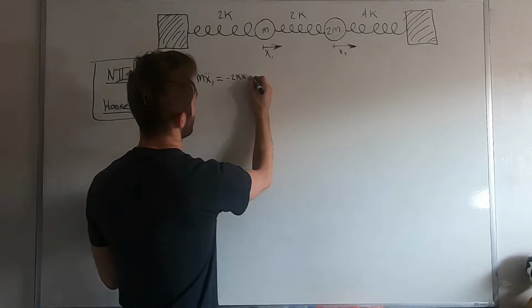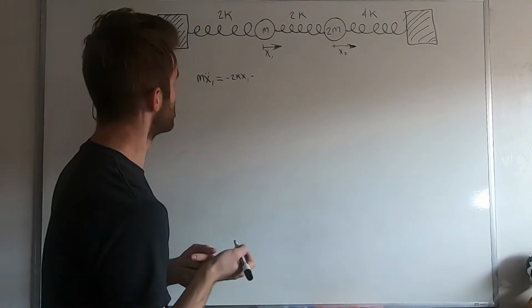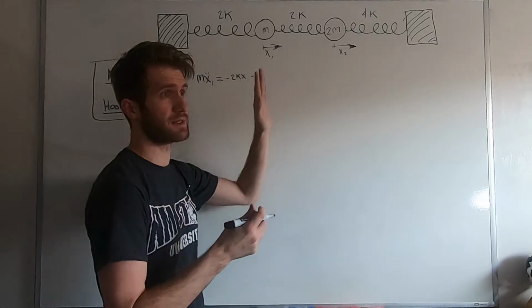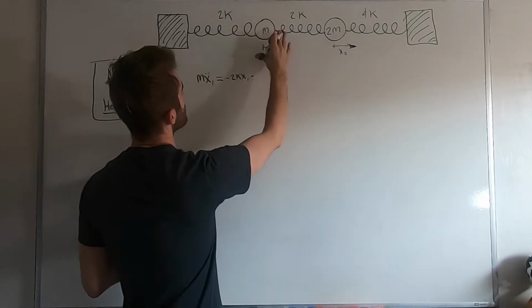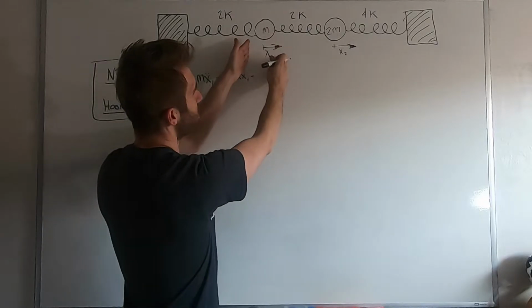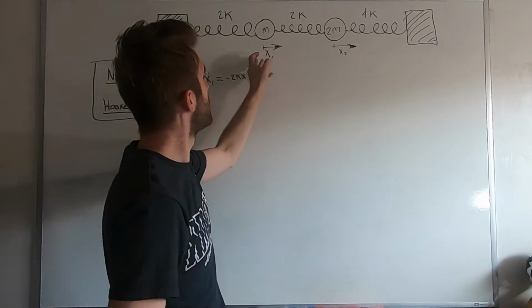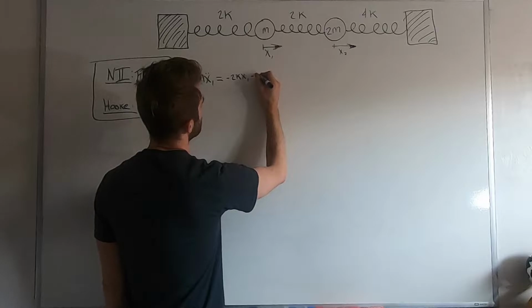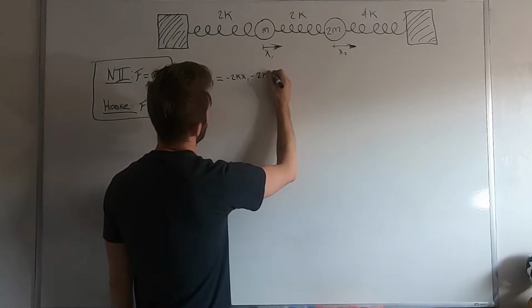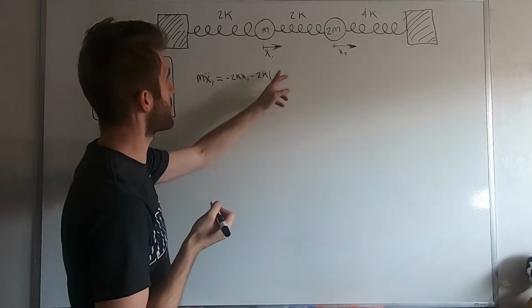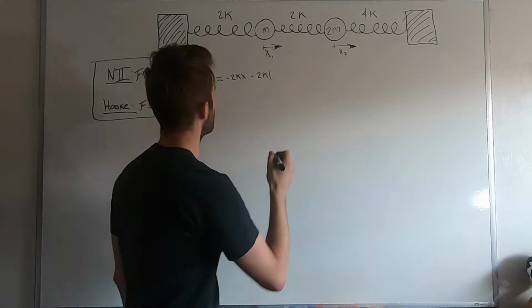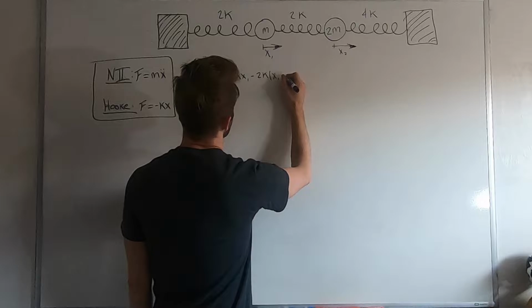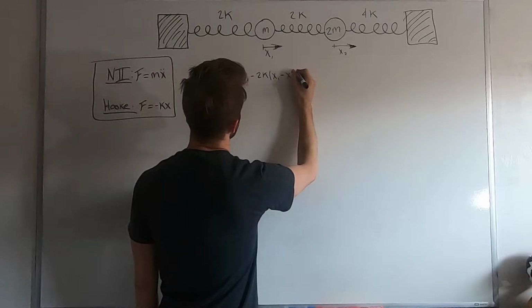So as before, we're going to introduce a minus sign to indicate that it is acting in the opposite direction. And because we're concerned with the largest force in this particular part of the spring, we're going to be using 2k, right? And then we are going to be subtracting off the contribution of this part here. So it's going to be x1 minus x2.